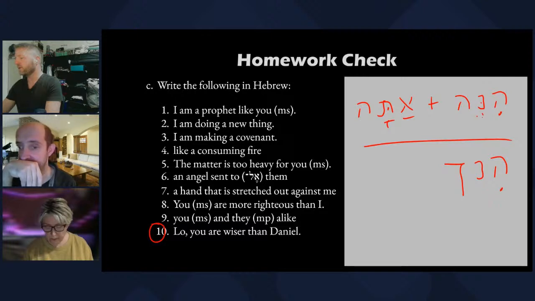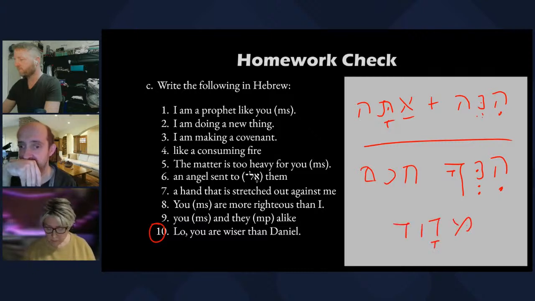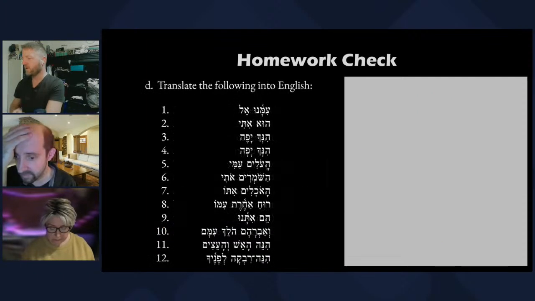That's supposed to be hinecha. Hinecha. Not tzaddik, but chacham. Chacham miDaniel. Hinecha chacham miDaniel.